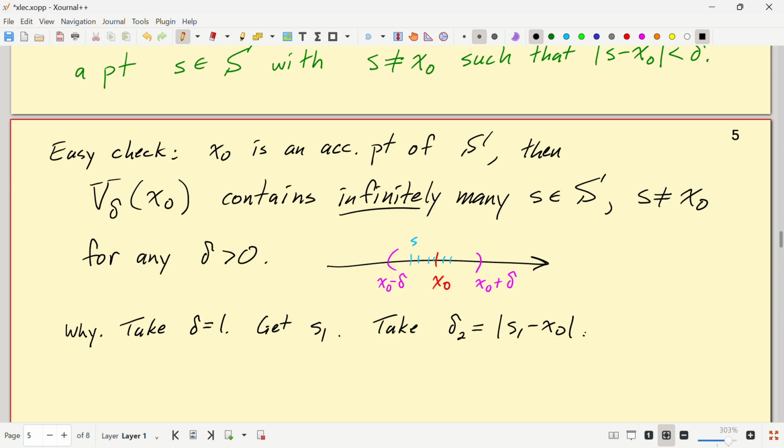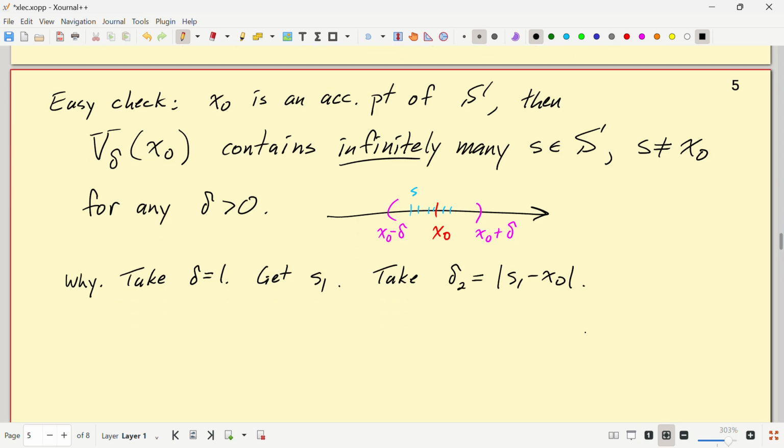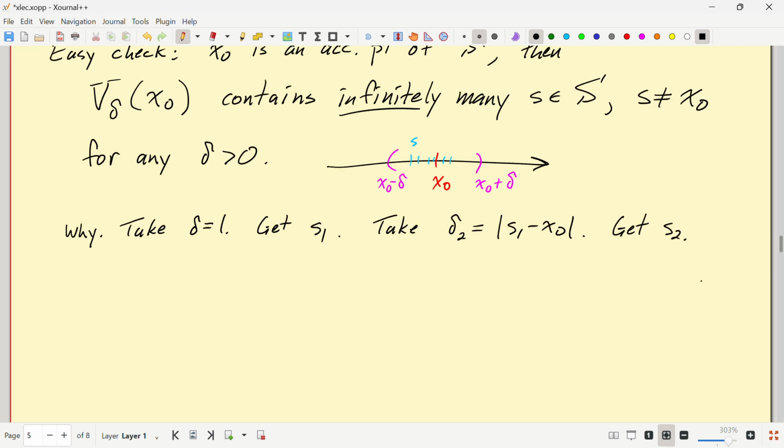Then I'd get one inside there, and that would be my s2. And of course, it'd be different than my previous one. And I keep doing this. So the next one would be to take delta 3 to be equal to |s2 minus x naught|.